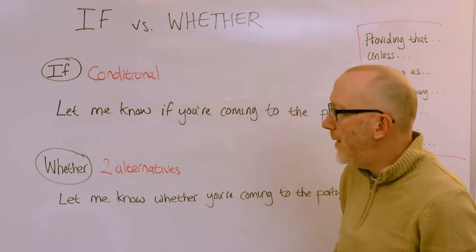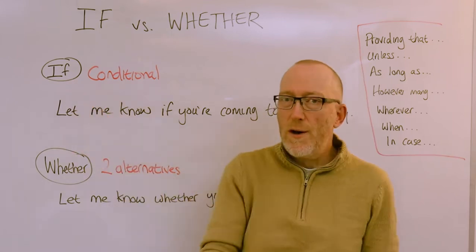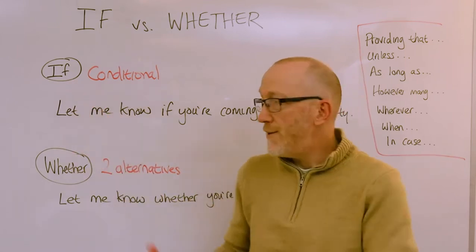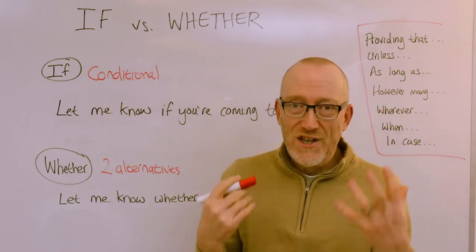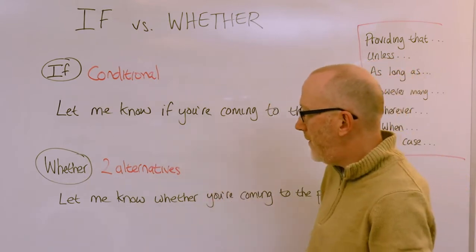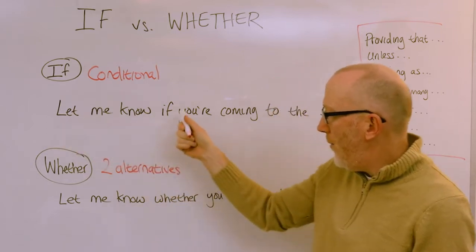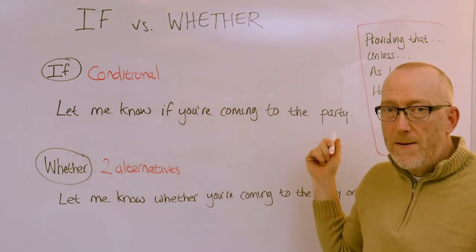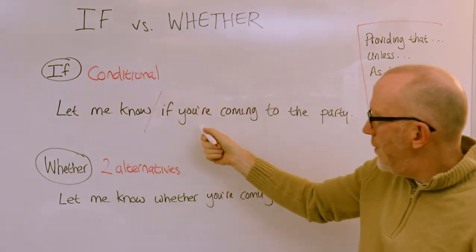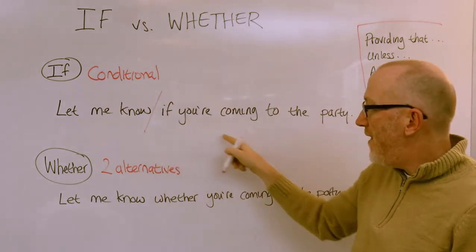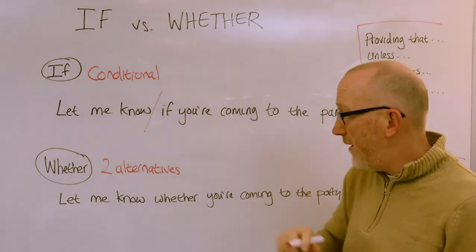Okay. So if is dead simple. You guys know that you use if to create what we call a conditional sentence. Now, a condition basically means, well, here's the sentence: let me know if you're coming to the party. So we can split this sentence here. If you're coming to the party, okay, this is the condition in our sentence.